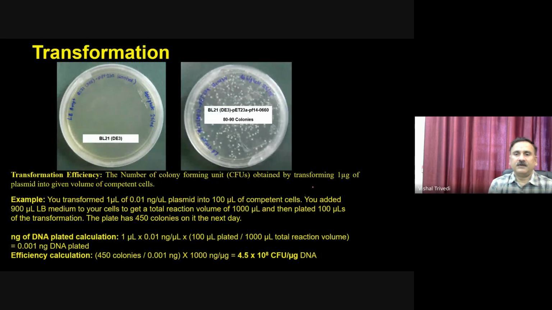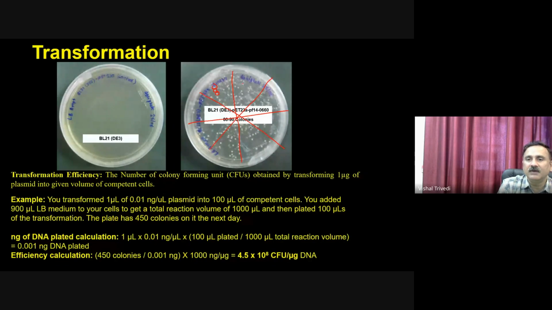Once you are done with the transformation, this is the untransformed plate, and this is the transformed plate, right? And you will get the colonies. You see this white color thing, right? These are the colonies. Now what you have to do is count these colonies. In some cases the number of colonies could be very high. In those cases, we divide the plate into 4 or 8 sectors.